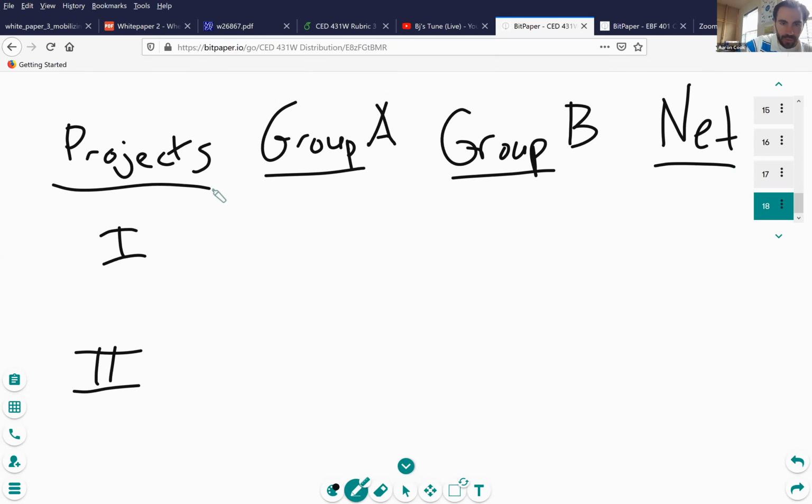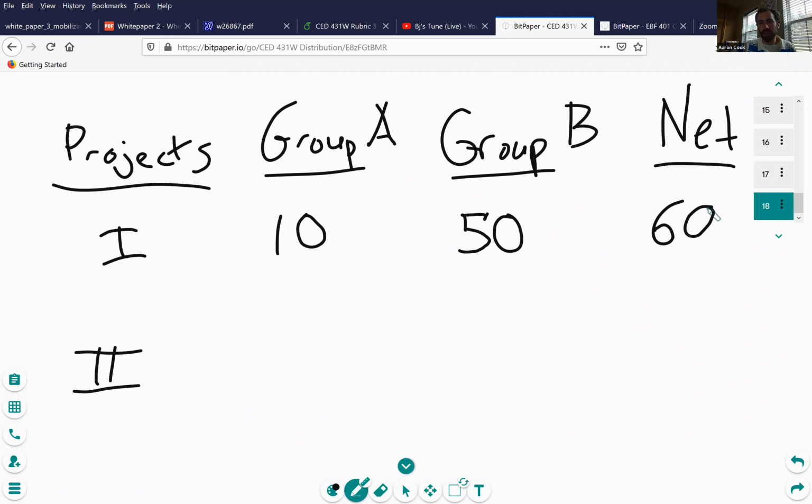We can think about project 1 having a net benefit to group A of 10, and a net benefit to group B of 50. And therefore the net benefit of project 1, when you consider the payoffs to these different groups, is 60.